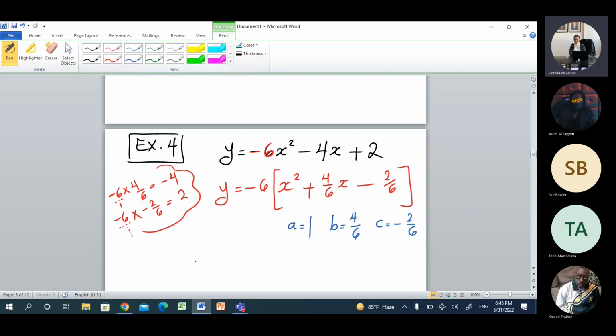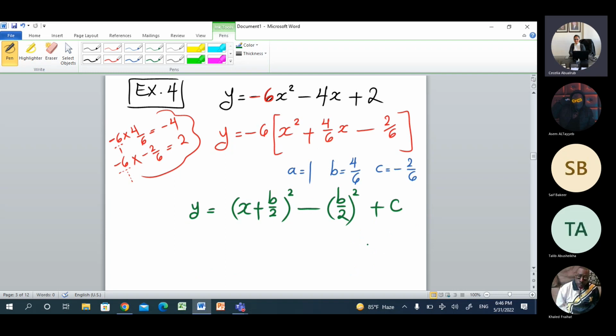Always memorize the completed square form. Y is equal to, you open a big bracket to the power of 2, minus a smaller bracket to the power of 2, plus C. In the big bracket, you say x plus b over 2. And in the small bracket, you will write b over 2.